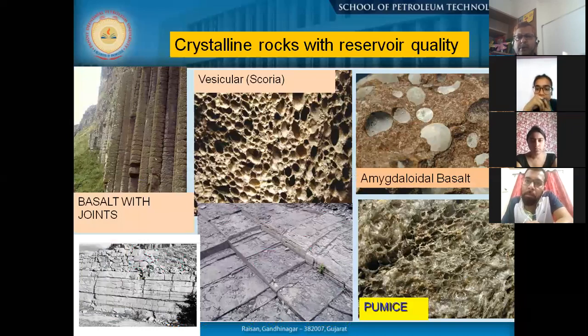And when crystalline rocks behave as a reservoir, the connectivity of the pores and their storage capacity are completely different. In the top left corner figure, it's a basalt with columnar joints. These can act as a reservoir. Then you have vesicular rock and different amygdaloidal basalts. Each and every rock can act as a reservoir.